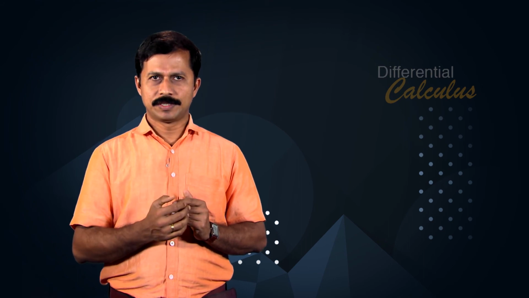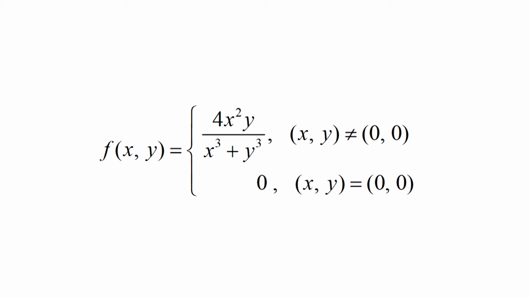We now show that f(x, y) = 4x^2 y/(x^3 + y^3) where (x, y) is different from (0, 0), and 0 when (x, y) = (0, 0), is continuous at every point except the origin.